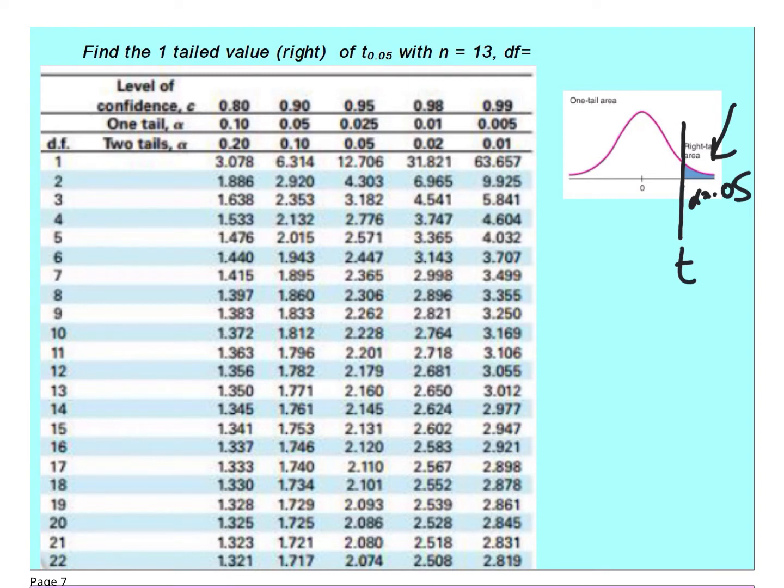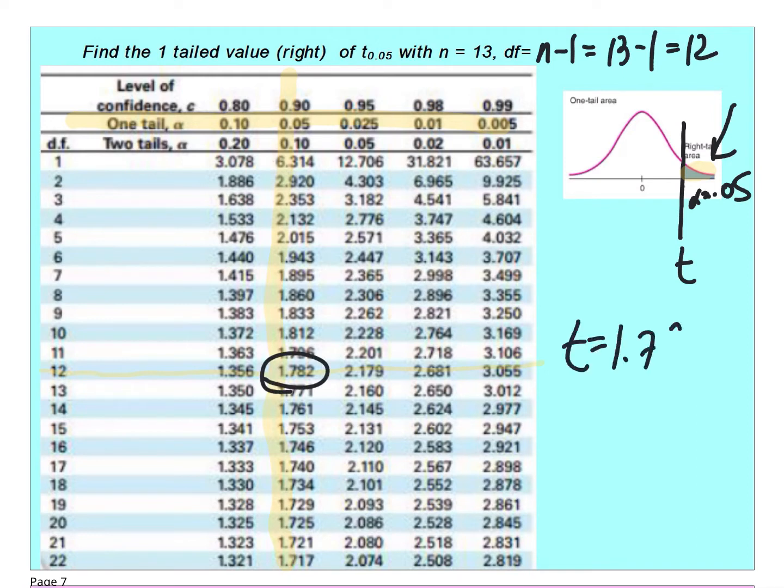This means degree of freedom of n minus 1 equals 13 minus 1, which is 12. So we go to our table and we find 12 degrees of freedom, and we trace that in together with 5 from 1 tail, because we're only here on the right-hand side, and we find a value of 1.782. Because it's to the right, we would use that value as is.